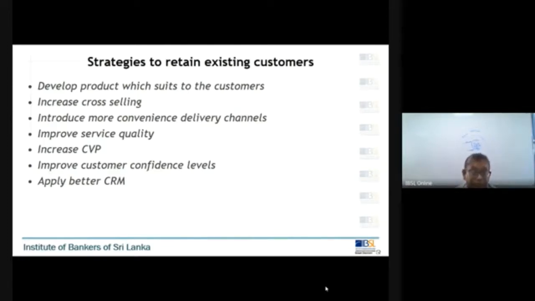Okay, that's another important thing. And of course, as I told you, improve service quality. Some people are not bothered about the interest rate. What they want is service quality. So I will show you something about service quality. Just look at this diagram. This is the quality level.